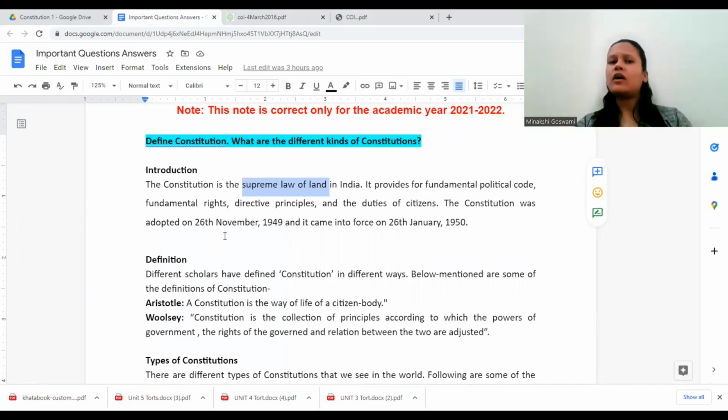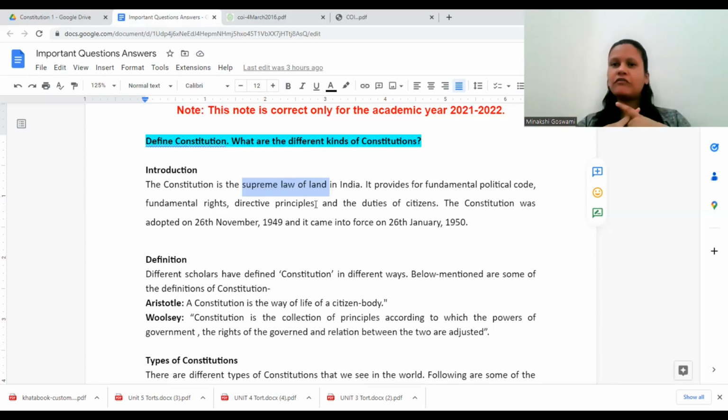Okay, and why do we call Constitution as supreme? It's because it is providing for certain provisions. Like we saw, there are multiple articles, there are multiple parts talking about certain things, right? So whatever is mentioned in Constitution, no other legislation can say something which goes against it.